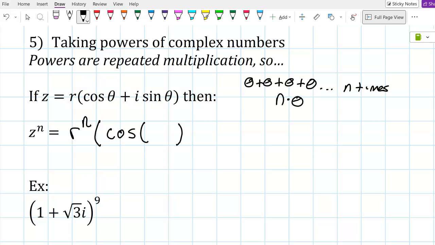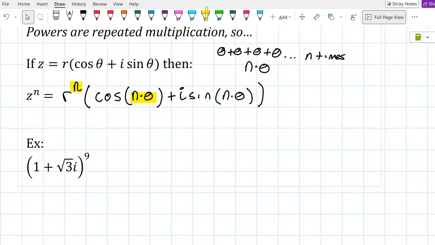So that's what happens inside. We have n theta plus i sine n theta. But when we take a power of a complex number, we step it up, and the radius gets powered and the angle gets multiplied. And this is how we can take the 9th power of 1 plus root 3i.